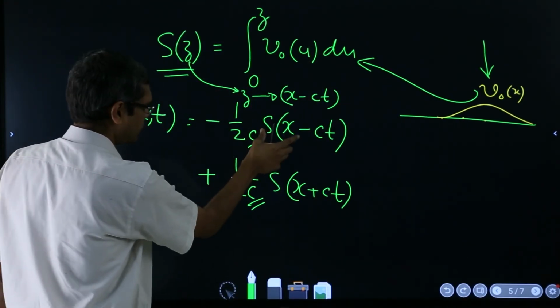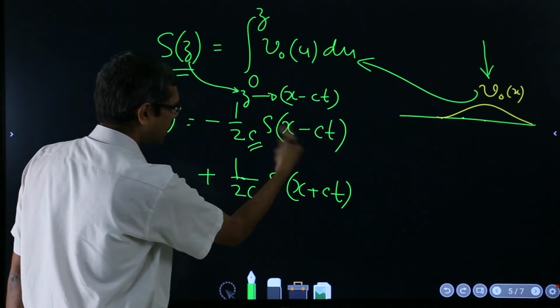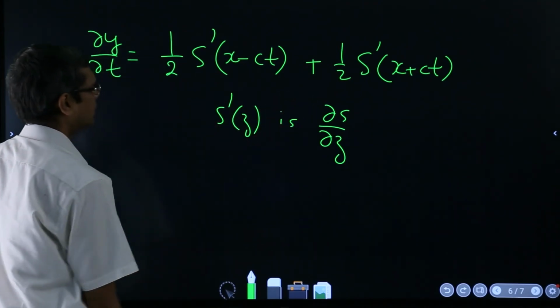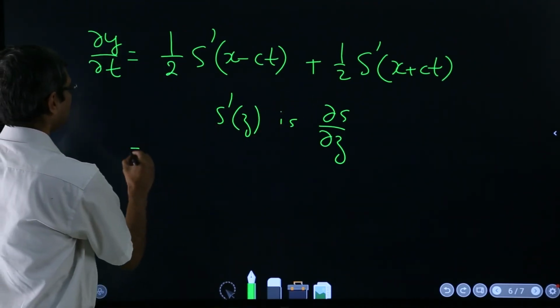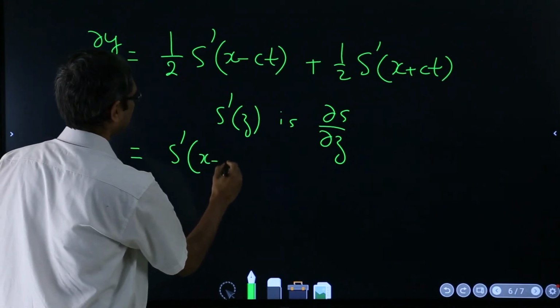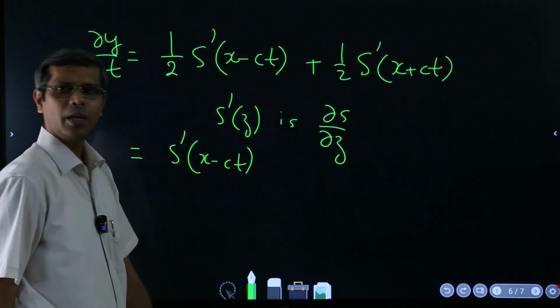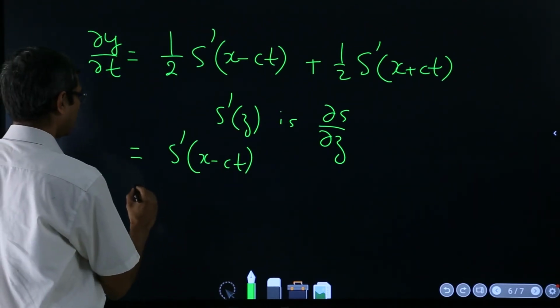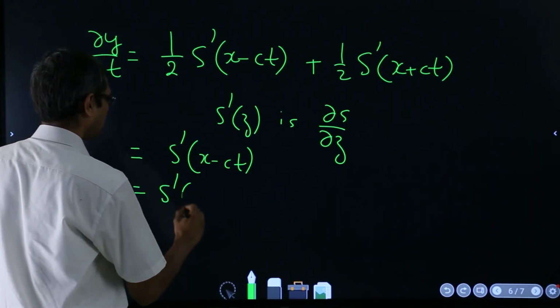How do you differentiate it? First with respect to the argument, and then this minus c is coming and getting cancelled. So this is nothing but S prime of x minus ct. But at t equal to 0, this is nothing but S prime of x.